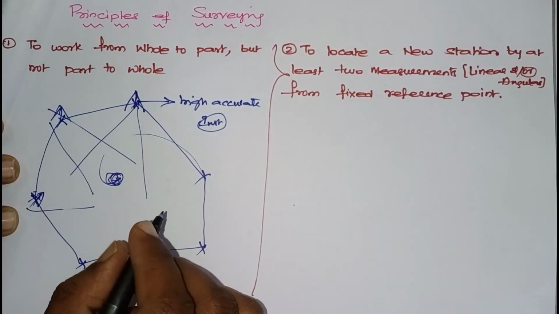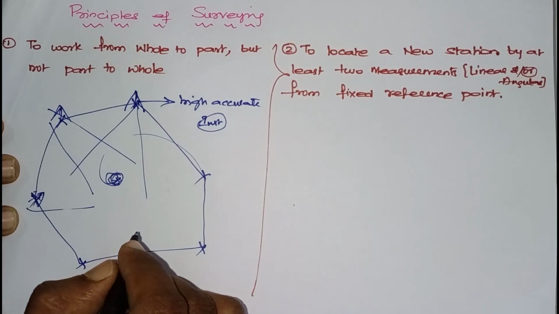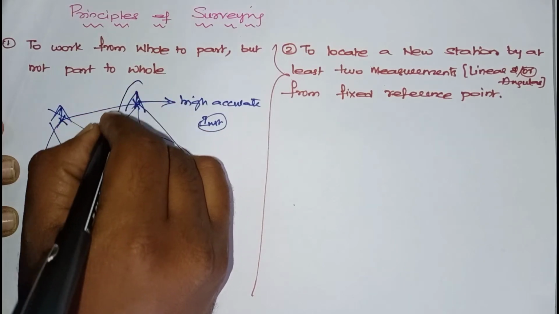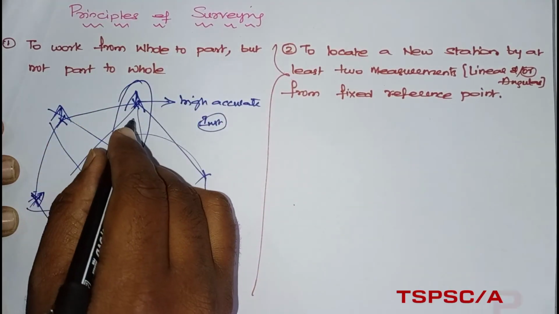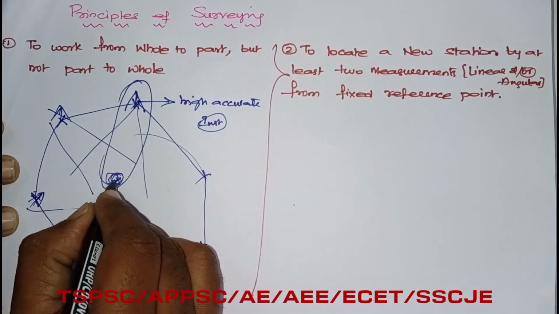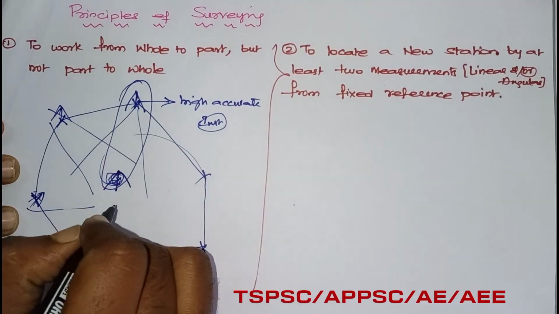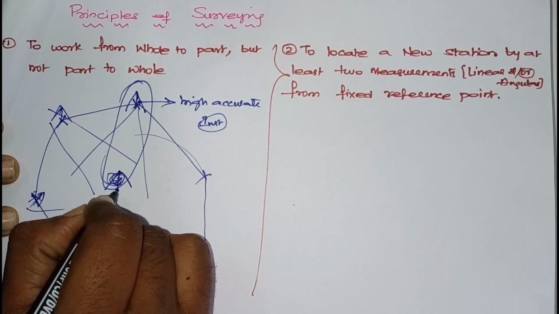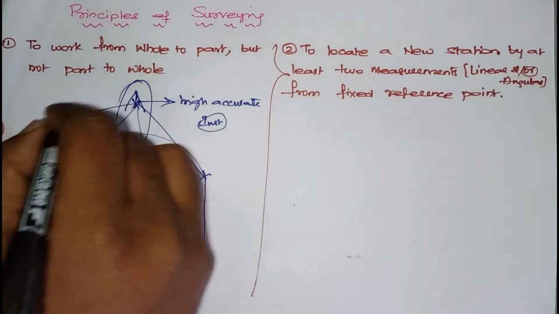Like this, whole to part, but not part to whole. Now, suppose a mistake is made from one instrument position, I only have to redo that position. If I started from the middle and anything went wrong, the whole thing would have to be repeated.